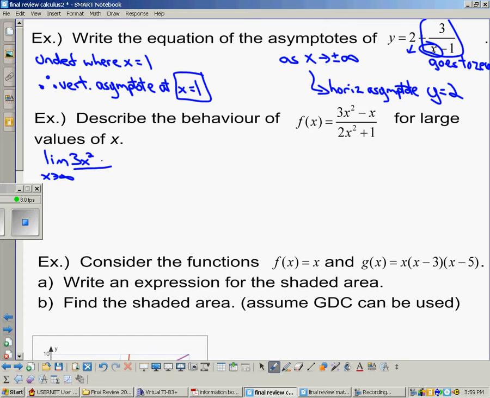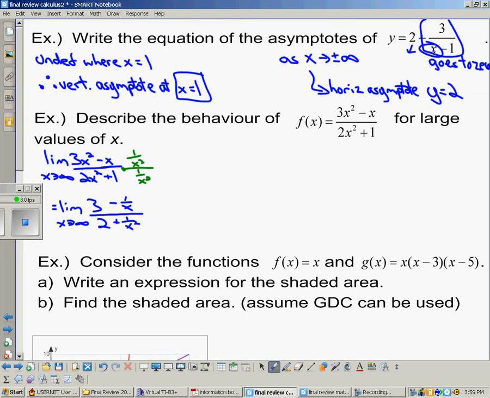The little trick here that you can do is to multiply both top and bottom by 1 over your highest power of x. So 1 over x squared, both on top and bottom. That'll give us the limit as x goes to infinity of 3 minus 1 over x all over 2 plus 1 over x squared.